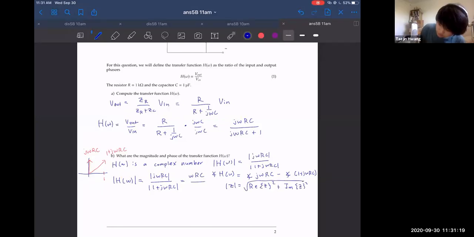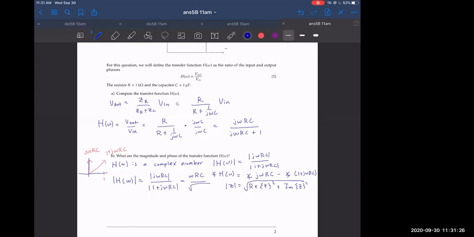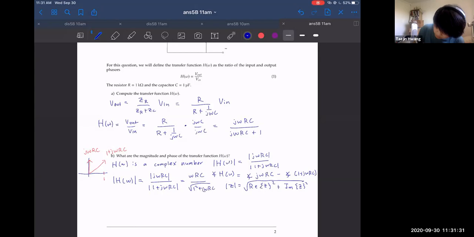And then the magnitude of 1 plus j omega RC, let's take the real part squared plus the imaginary part squared, and that should give us our magnitude. The phase is just the angle of the complex number. j omega RC is pointing straight up, it's a purely imaginary number, so its phase is going to be pi over 2.